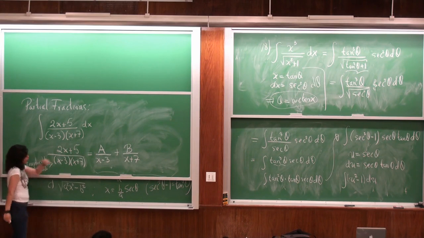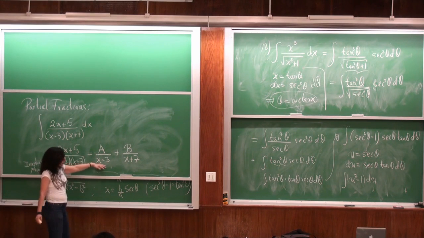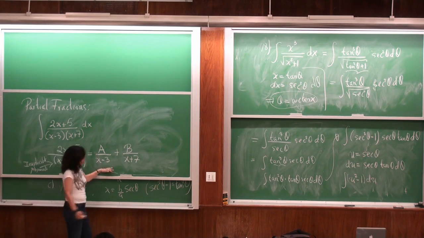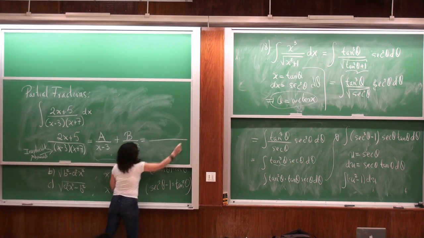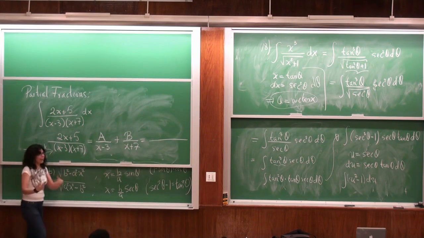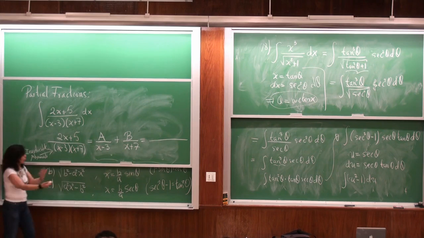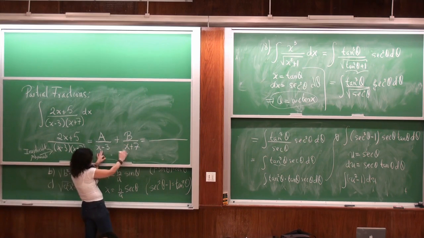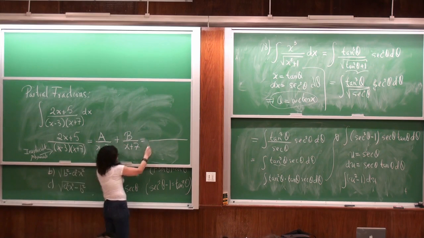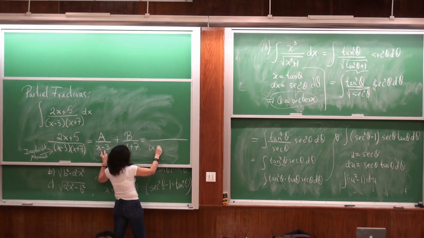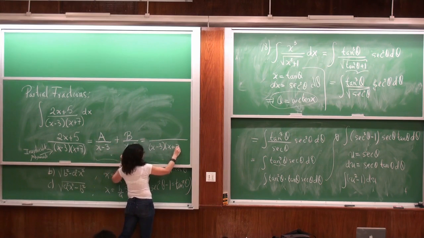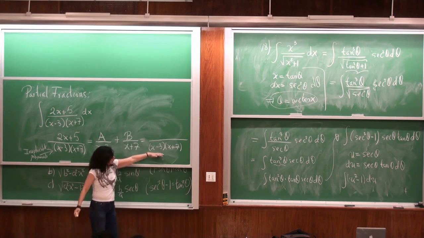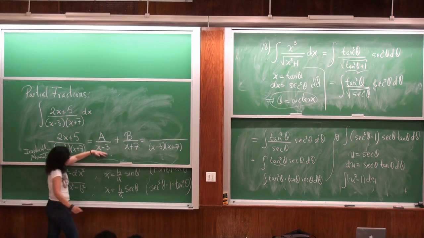Okay? And now what I want to do here is take a common denominator. The common denominator is the product of these two, so this is going to be again x minus 3 times x plus 7. Then I check this common denominator with the first factor and ask, what is missing?